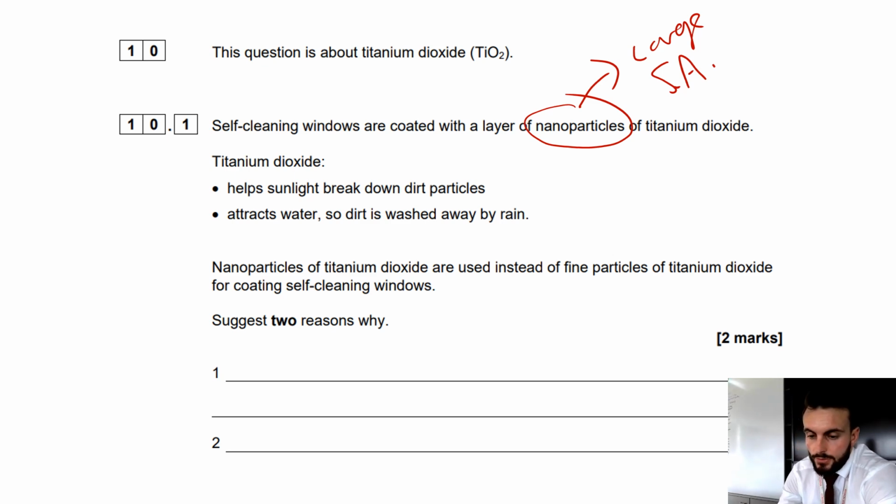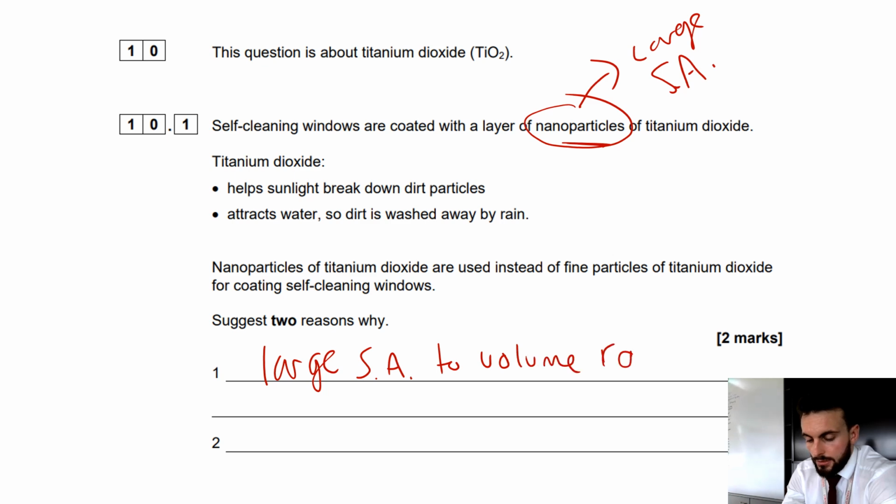Suggest why. First off, it's nanoparticles, so the first thing you can obviously say is large surface area to volume ratio. That's kind of the main reason why we use anything that's small in terms of rates of reaction, nanoparticle coatings, etc. And then another reason why, so you could do two things.